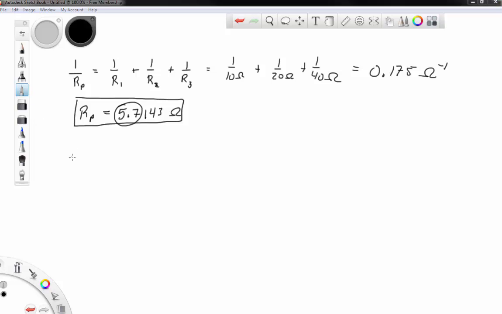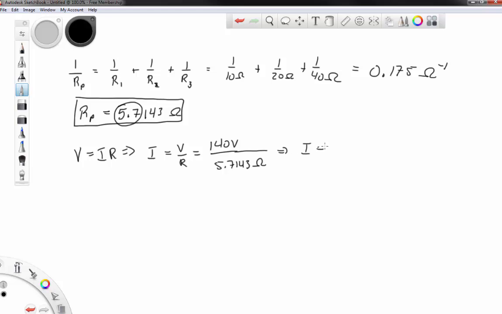Okay, the next question was how much current is going through this circuit as a whole. You use Ohm's Law, V equals IR. So we can solve that: I is going to be V over R. So that's going to be 140 volts divided by 5.7143 ohms.